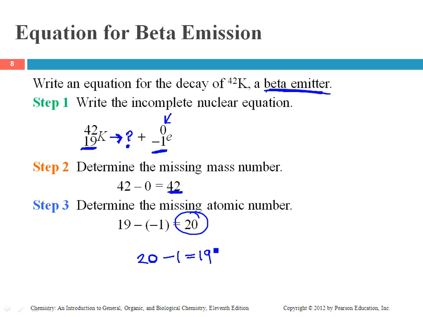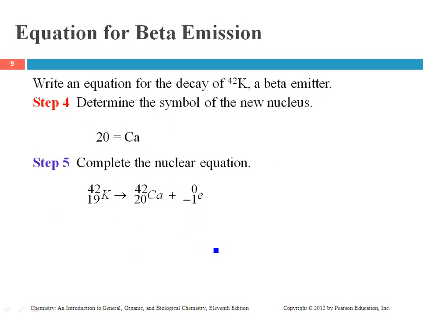So we've got to have 19 on both sides. If we find 20 on the periodic table, we find calcium. So that nucleus has an atomic number of 20 and a mass number of 42. If we check the equation, 42 on our left side, 42 plus 0 equals 42 on our product side, 19 and 20 minus 1 equals 19. So our equation is balanced.